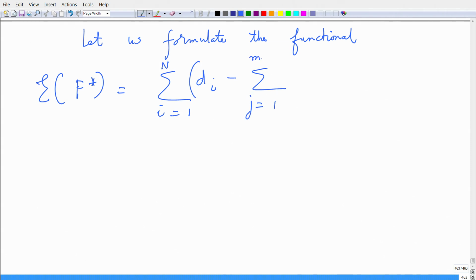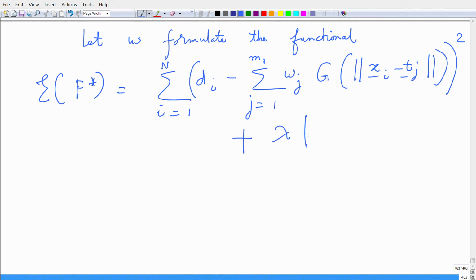So, this is where my inner summation has j equals 1 to m1 w suffix j times the Green's function acting on x_i minus t_j, right, this squared, subject to the regularity conditions where a differential operator D acts on this function f star.